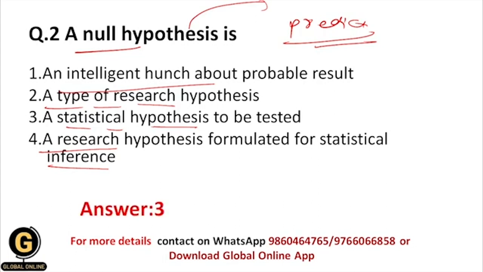That is, it is a statistical hypothesis to be tested, because there are lots of research hypotheses including directional hypothesis, alternative hypothesis, which is also called a research hypothesis, statistical hypothesis, simple hypothesis, composite hypothesis, but there is only one hypothesis, the null hypothesis, and that is only tested in the whole research process, not any other kind of hypothesis, and that's why your correct answer should be 3.